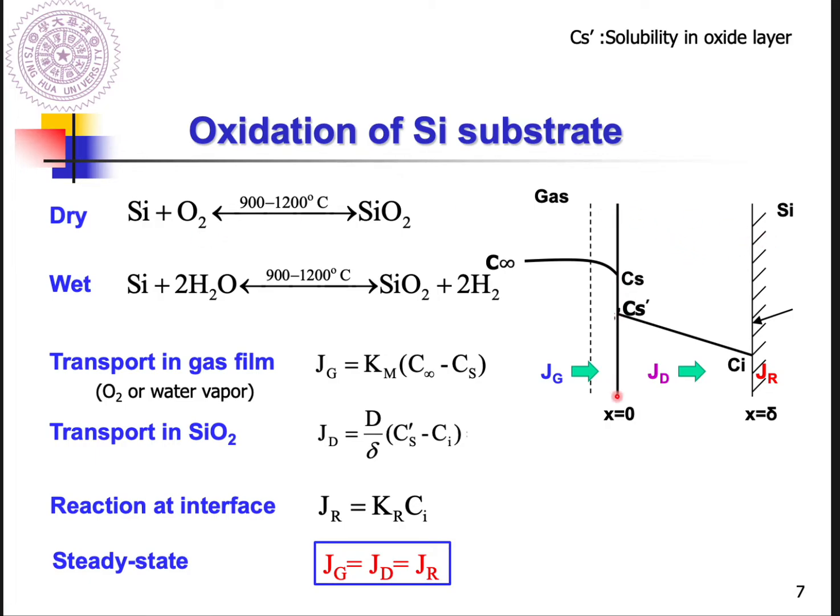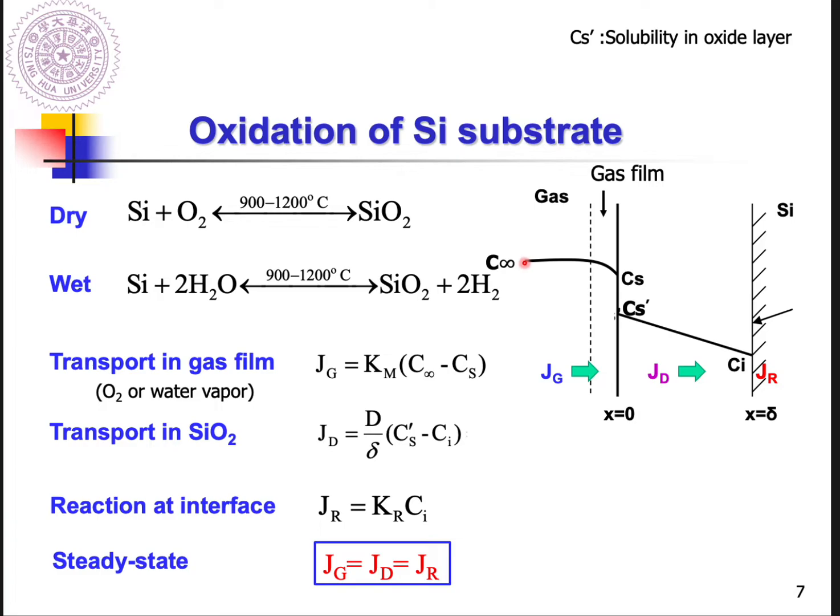In the beginning, we have a silicon substrate here, x equals 0. This is the surface of the silicon substrate, and we have the gas oxygen here. Because gas reacts with the solid phase, in between we have a film layer, here a gas film layer.